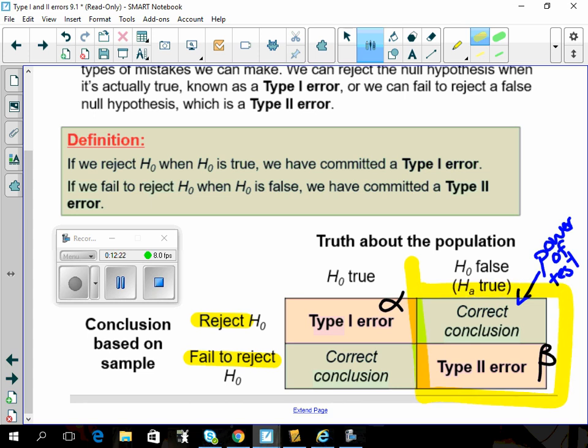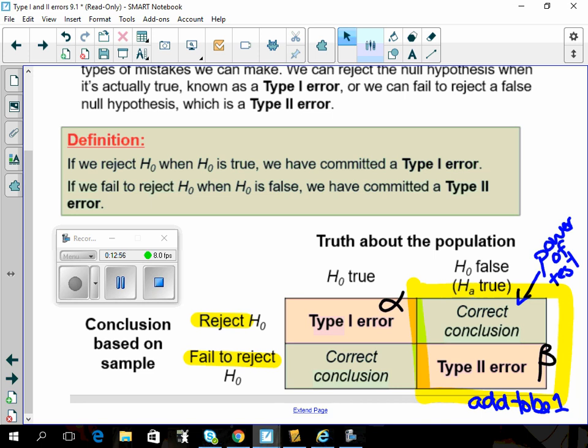So in other words, if we wanted to find the probability of making a type 2 error, by the way, that's a really difficult calculation, and you'll never be asked to do that. The only thing you'll be asked to do is if I gave you the power, could you find the type 2? Yes, you just subtract it from 1. So these two probabilities add to be 1. They are complementary of each other.